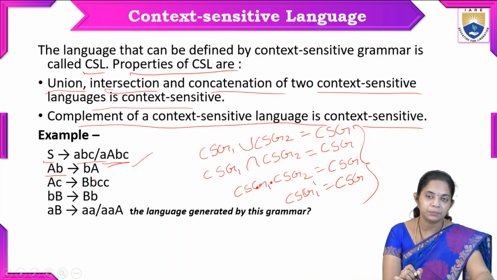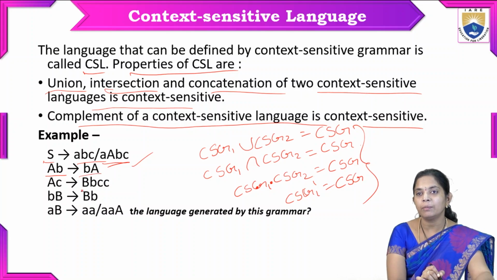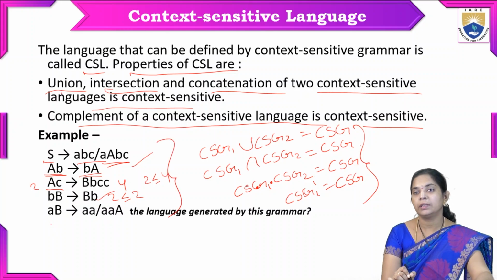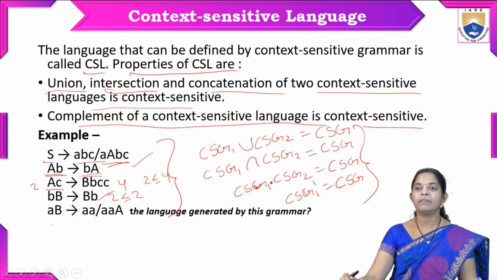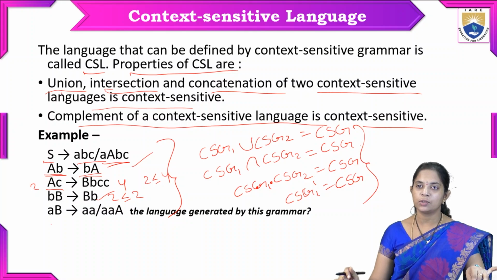For AB and BA, and here AC, the length is 2 and here the length is 4, so 2 is less than or equal to 4. And here also 2 is less than or equal to 4. This is also satisfied. These are all productions in the form of context sensitive grammar.